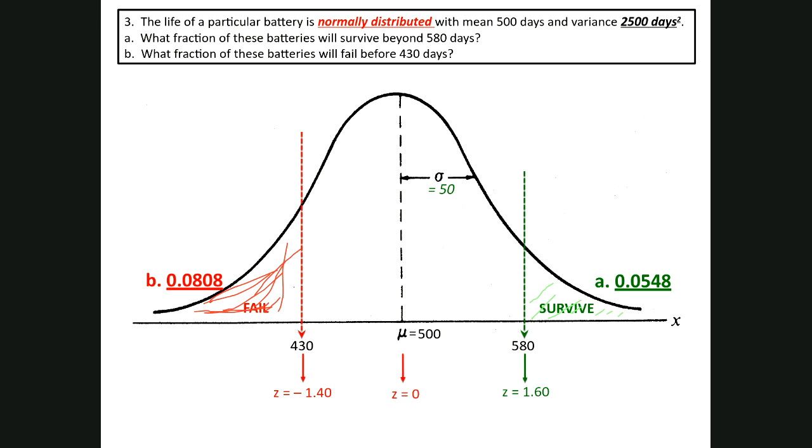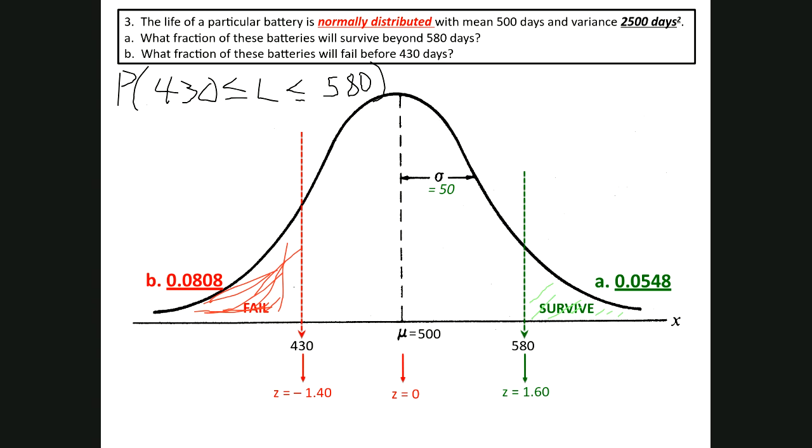What's the probability that the lifetime is greater than 430 days, but less than 580 days? Hopefully you can understand what area that probability corresponds to.